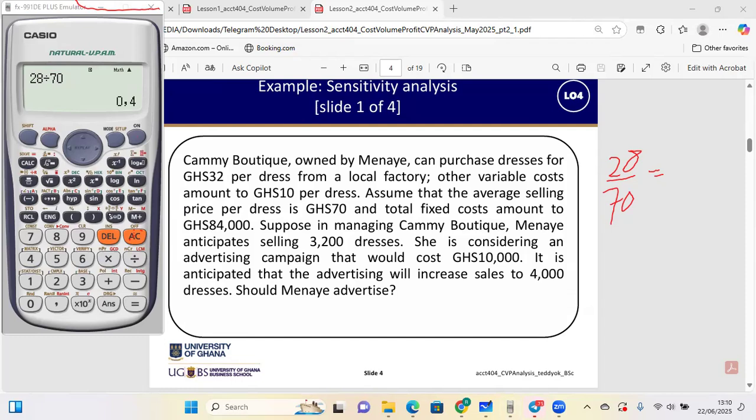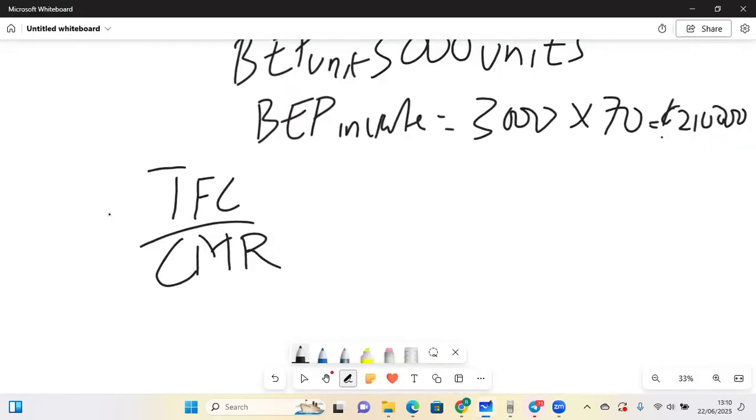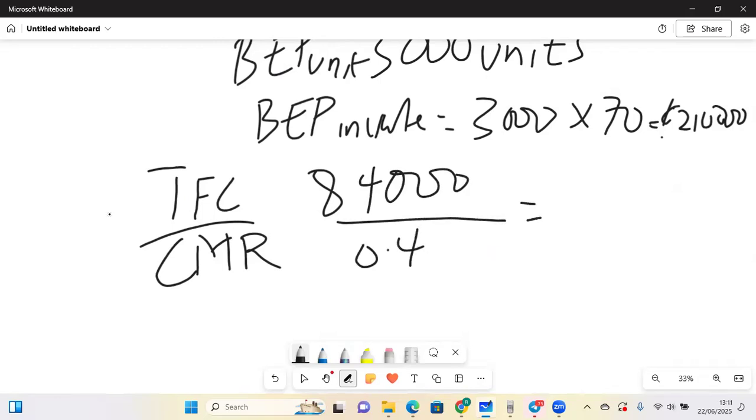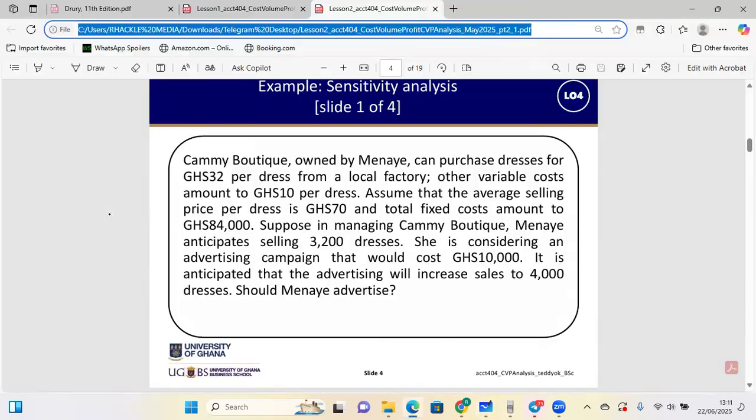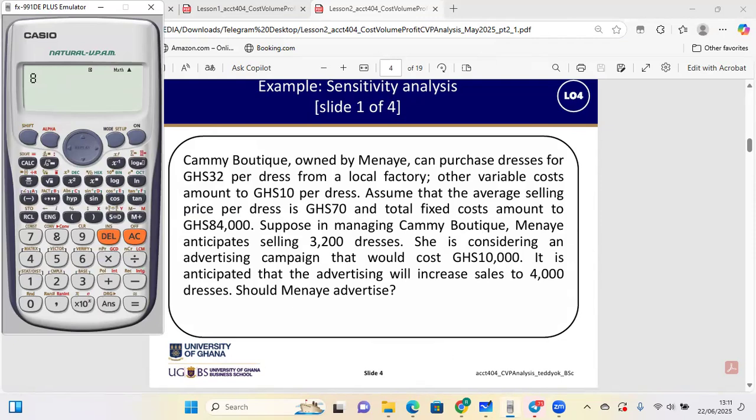So 84,000 over 0.4 is going to give us the same thing, 210,000. So you see, those are the two ways you can do that. Now that's just at the break-even.